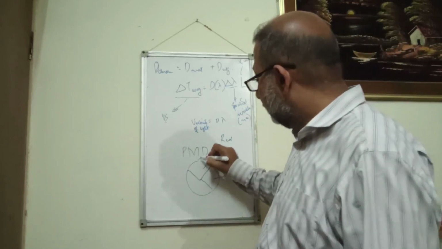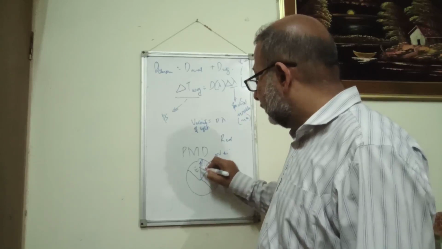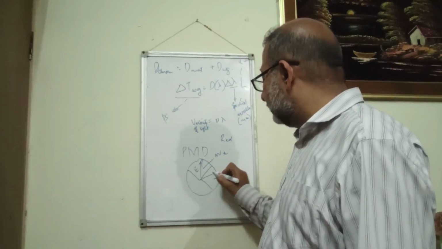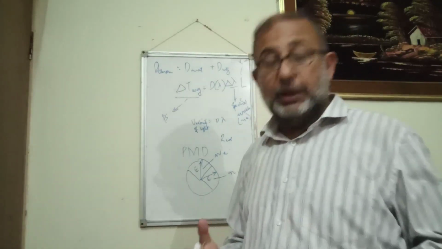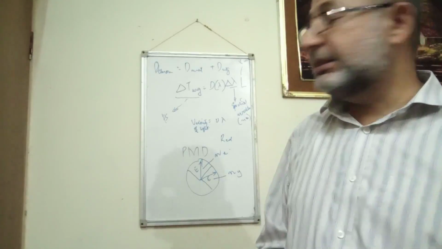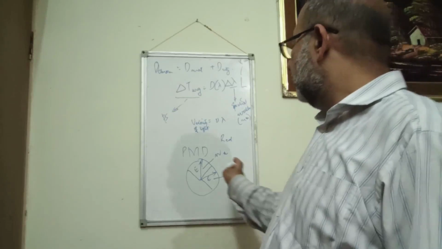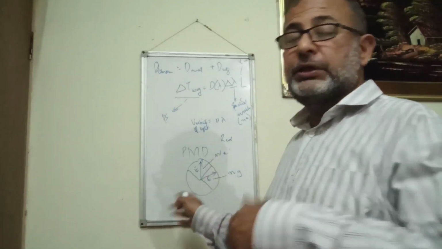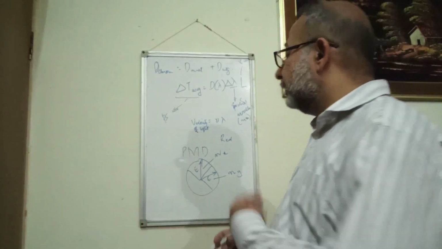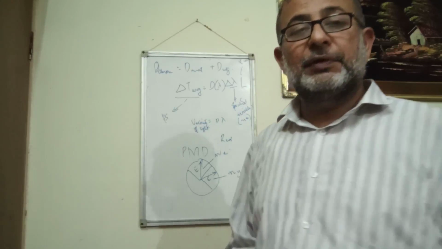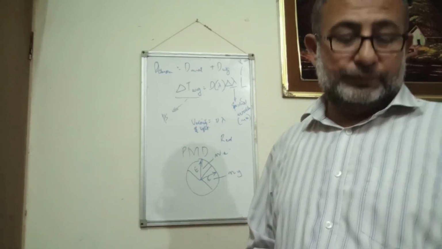So if the electric field intensity's two polarized parts which are orthogonally placed pass through these two different materials or two different refractive indices, they would reach the destination with a time difference. This time difference is called the polarization mode dispersion.